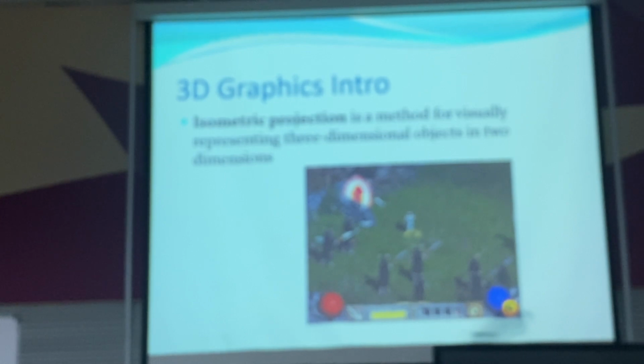There's one view we call isometric view, or sometimes you will hear people say 2.5D. It actually refers to isometric. Isometric means you tilt up your camera and then look down.